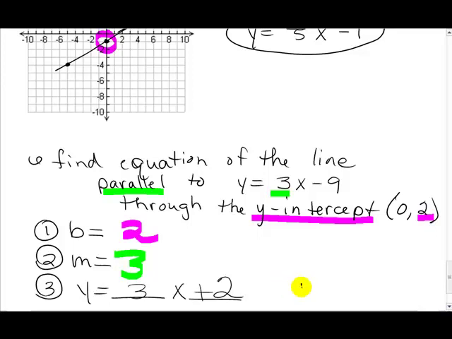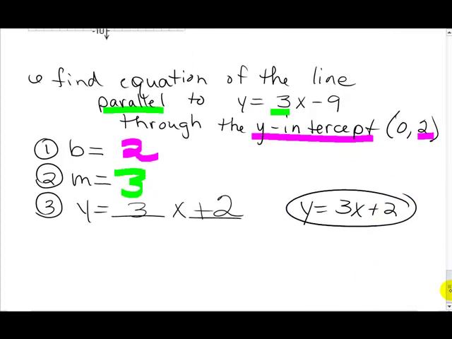Okay. Y equals 3x plus 2. Let's look at another one.